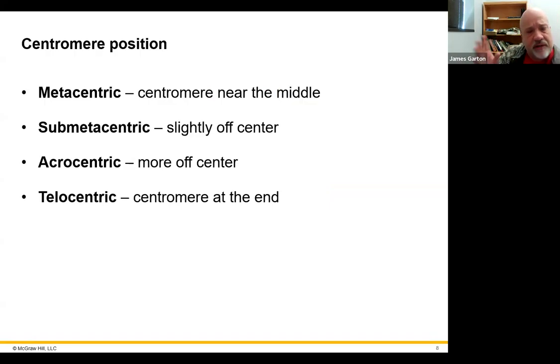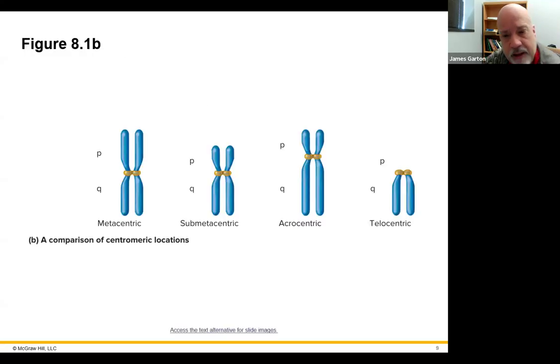If you say it's metacentric, it's right around the middle. If it's submetacentric, it's off center. If it's acrocentric, that's even more off center. And if it's telocentric, it's at one end.